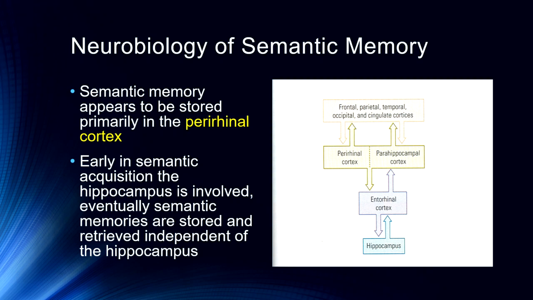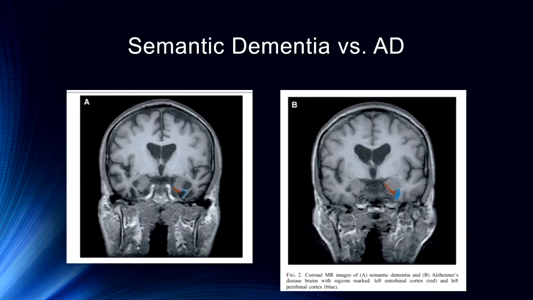Interestingly, if you look at Alzheimer's disease patients compared to semantic dementia patients, you can see pretty clear delineation of damage to these structures. So on the left, we have a semantic dementia patient, and on the right, an Alzheimer's disease patient. Regions marked in red are the entorhinal cortex, and in blue, the perirhinal cortex.